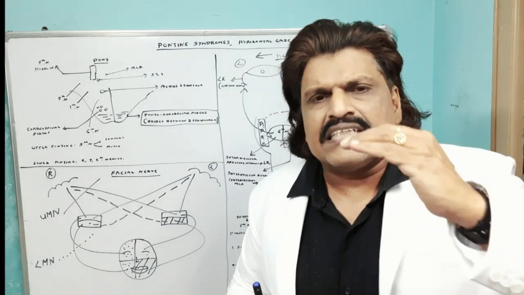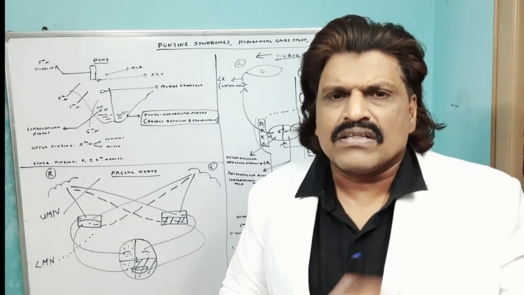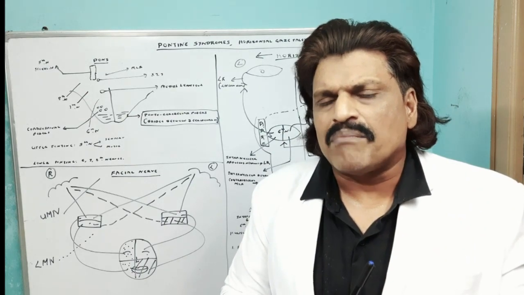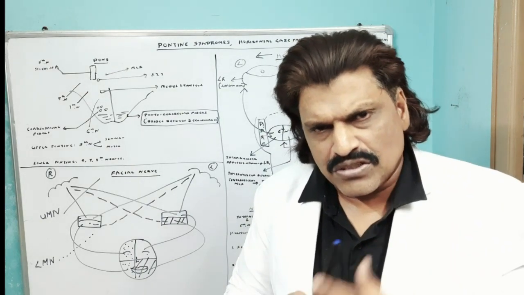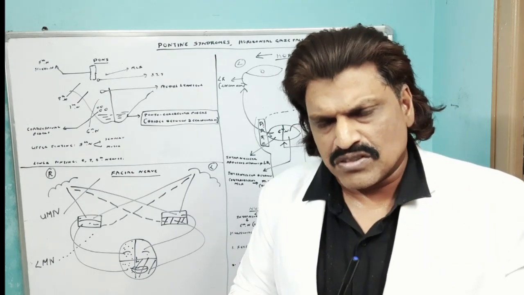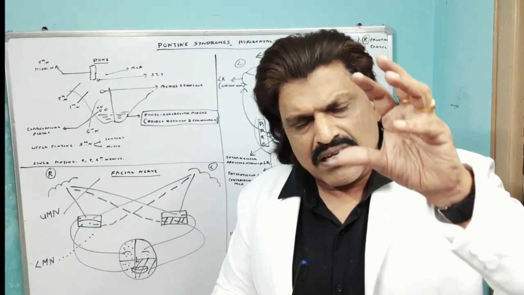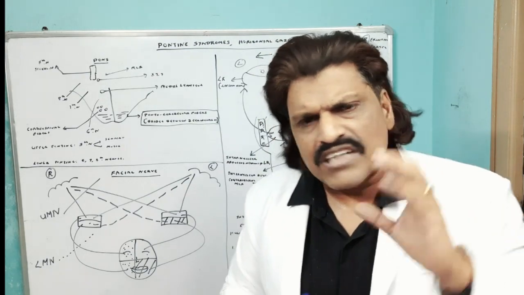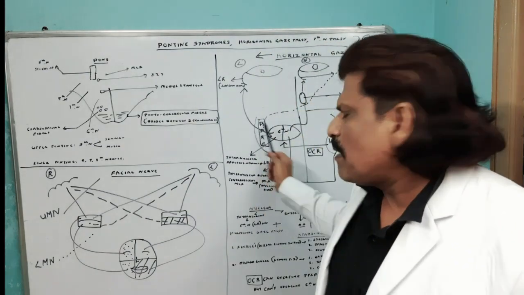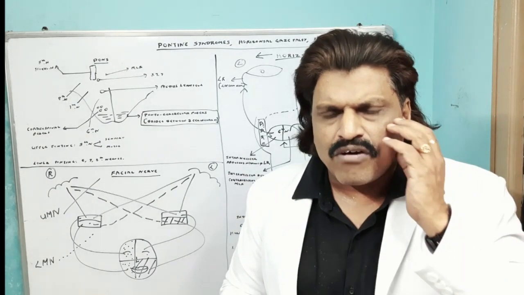For the vertical gaze, the center is in the rostral part of the midbrain, the top of the midbrain: the rostral interstitial nucleus of MLF and the interstitial nucleus of Cajal. All these form the center for vertical gaze, whereas for horizontal gaze, it is the PPRF.